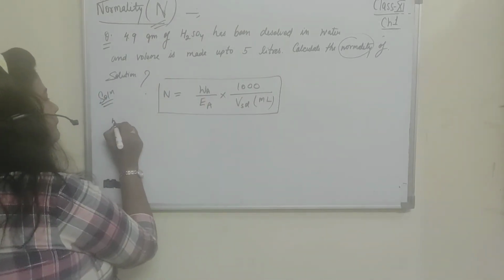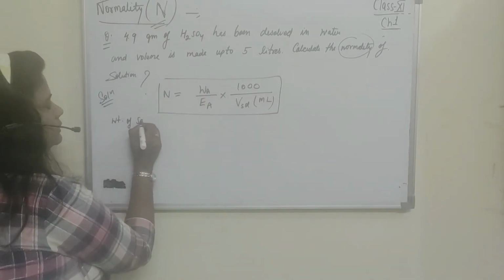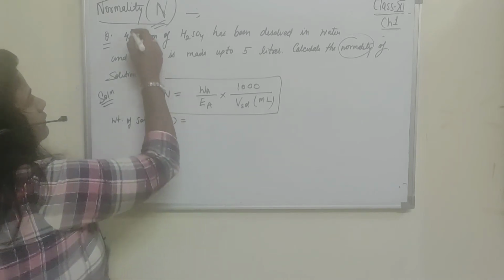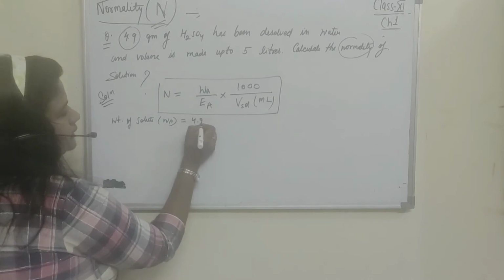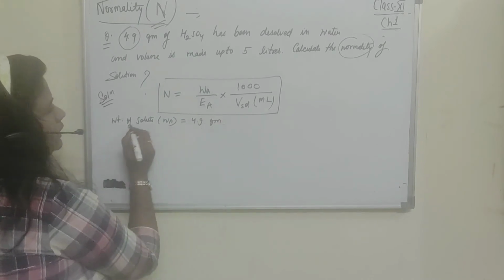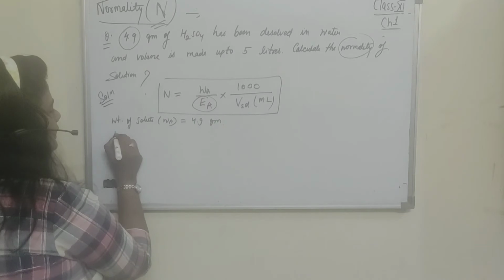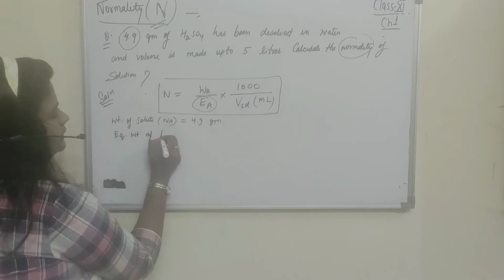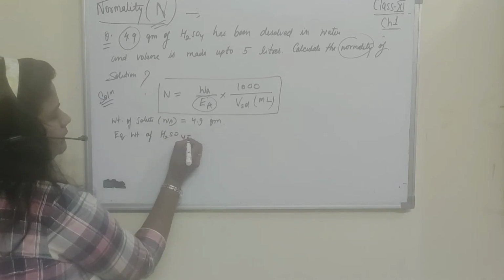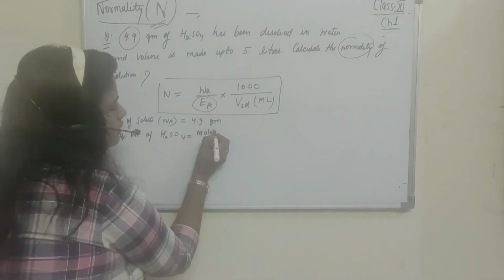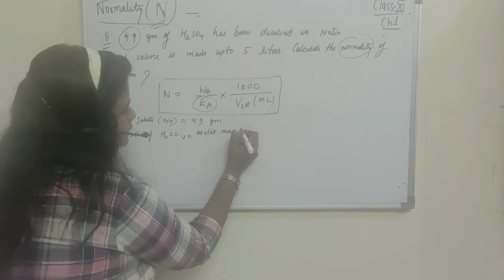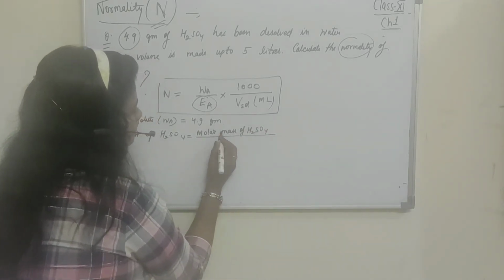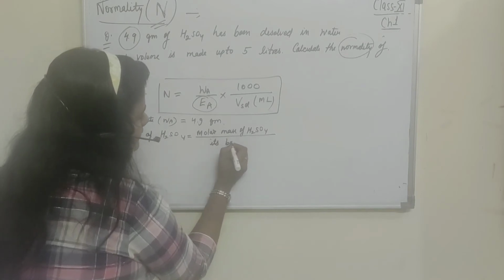Now WA, weight of solute, will be equal to 4.9 gram. It is given in the question. Now the equivalent weight of H2SO4 will be equal to molar mass of H2SO4 acid upon its basicity.